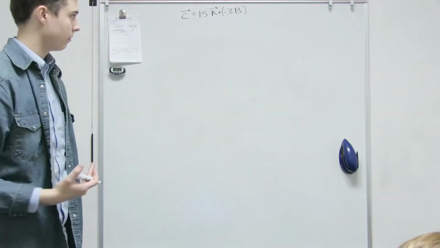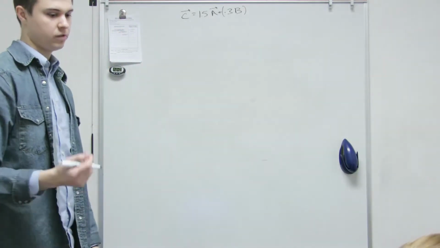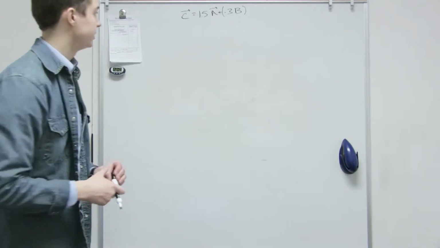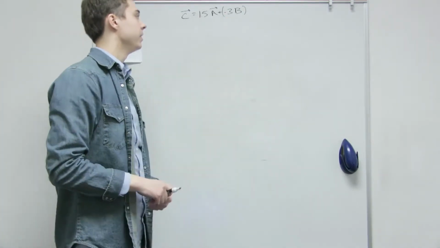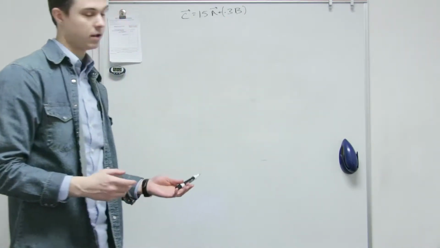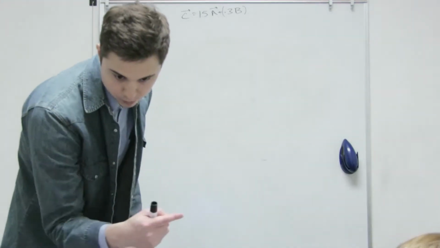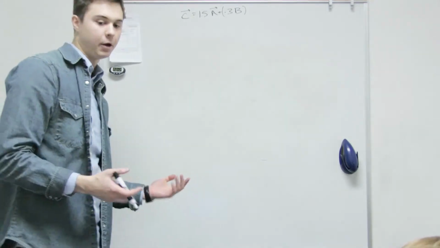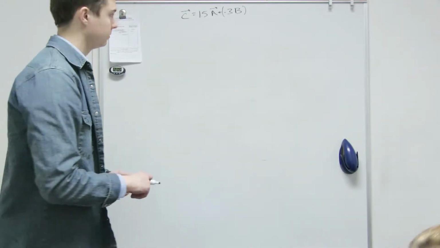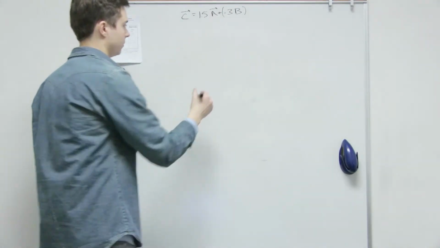Because if we change it to an addition problem, then we can use tip to tail method. So we just need to keep in mind that negative 3B is going to be the same thing as regular 3B, but it'll point the opposite direction. So right now it looks like B is pointing left, but in our mind we'll just think of B as pointing right from now on, because we switched it to the negative version.